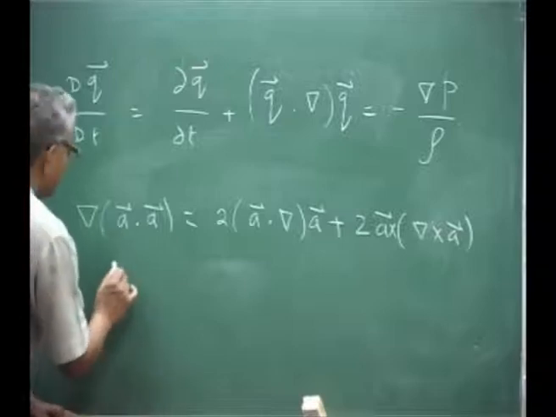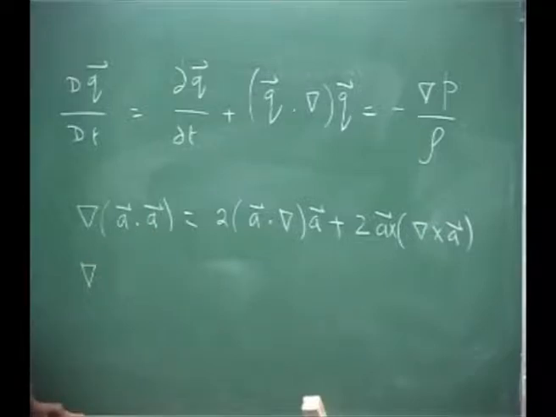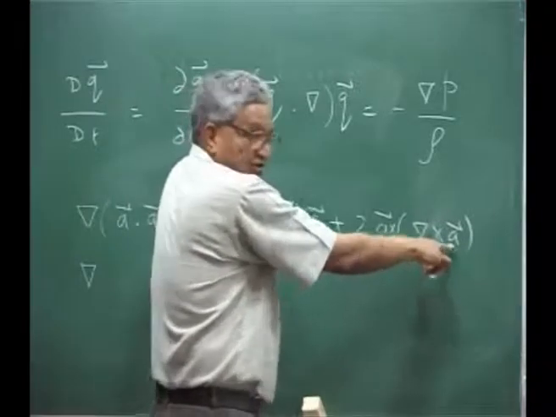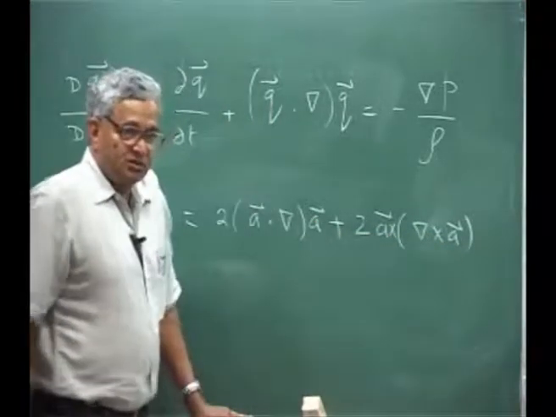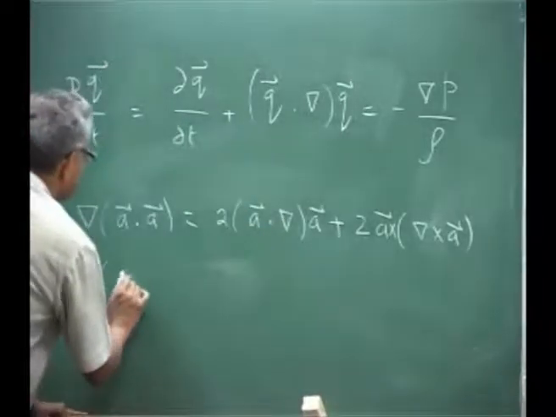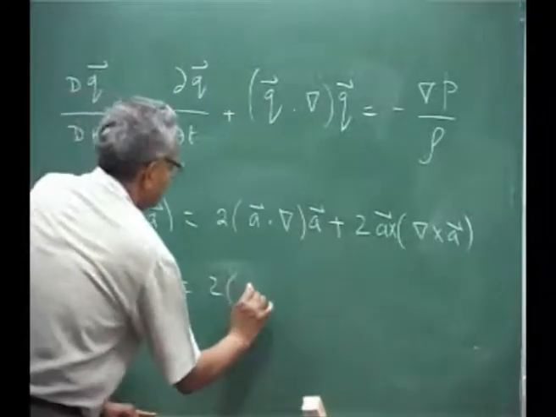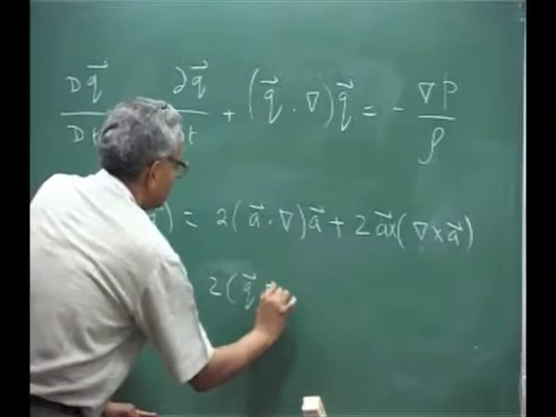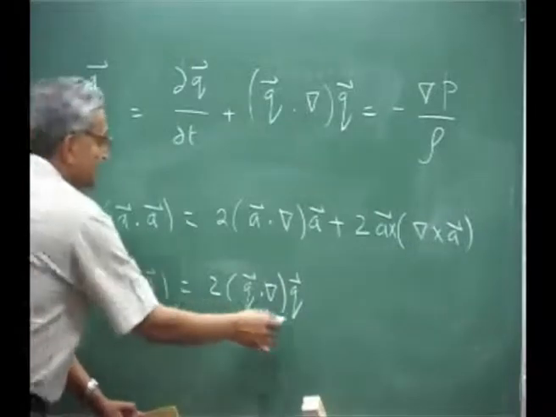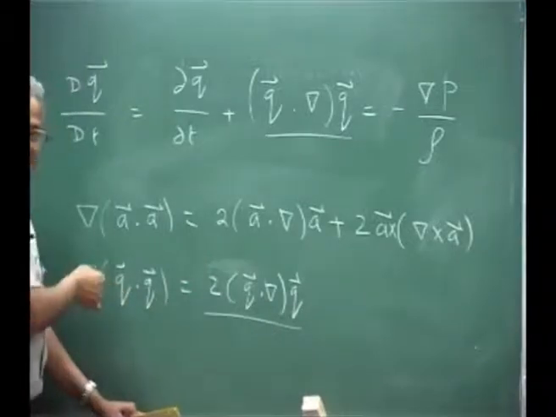Now if A is q, you will get del cross q, but del cross q is 0 because it is an irrotational fluid. Therefore, if I write this as q dot q, this becomes 2 q dot del q. I am writing this because this term is basically this term.